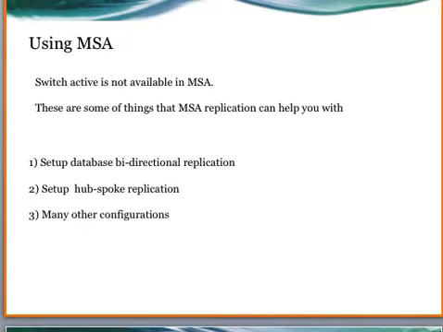MSA can be used to set up bidirectional database replication for certain applications that would like to update both source and targets and keep both databases in sync with each other. This setup can also be used as a kind of high availability solution where the target database is already set up for replication and can be used immediately.